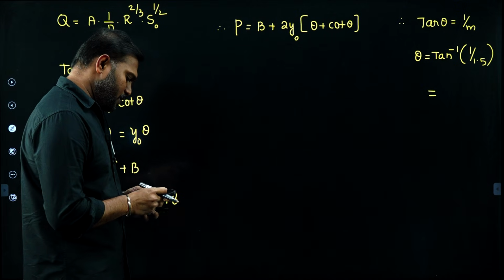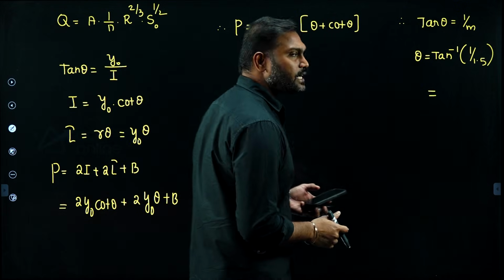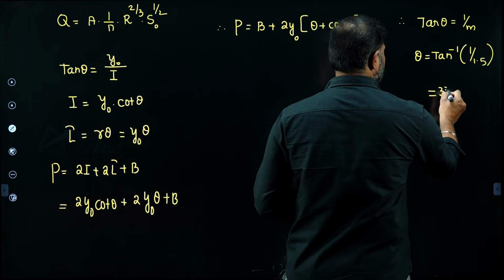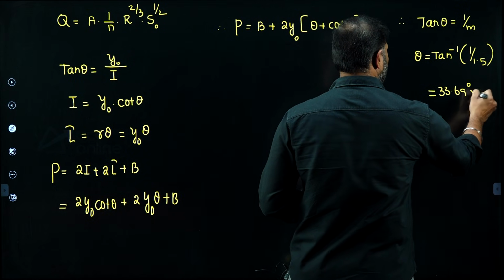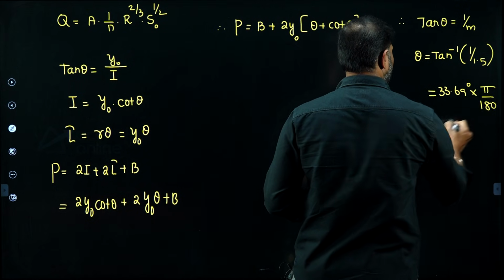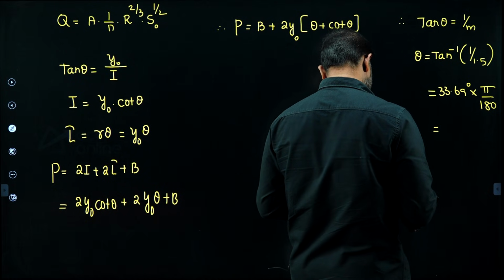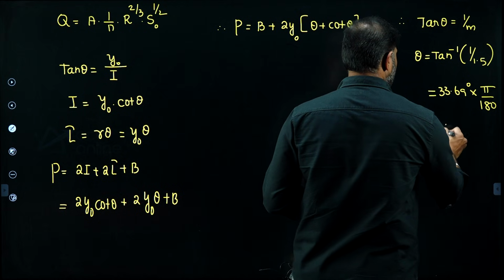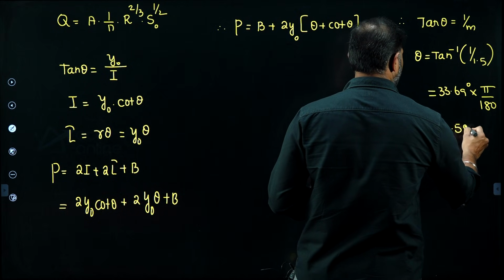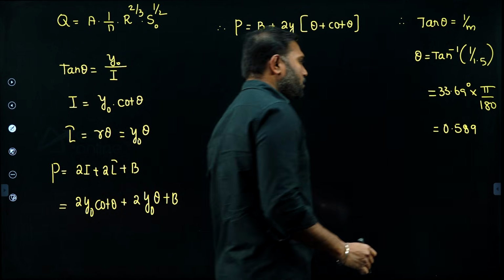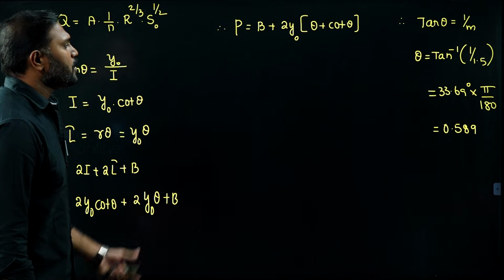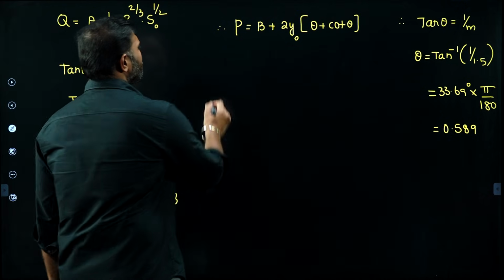1 by 1.5, you will get 33.69 degrees, but we want it in radians, right? Into pi by 180. So this is going to be 0.589. Okay, so now substitute over here.